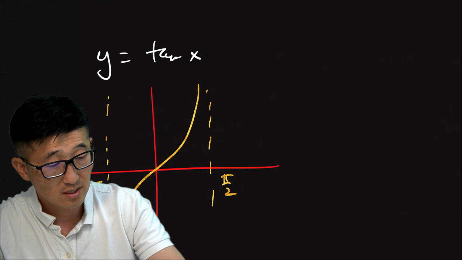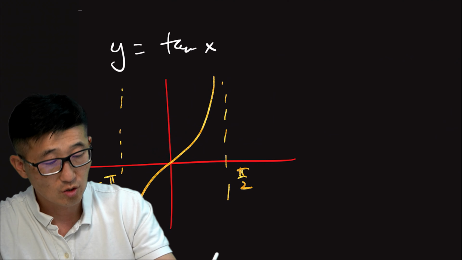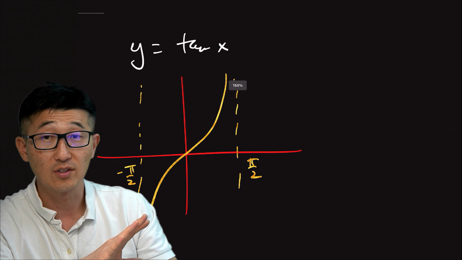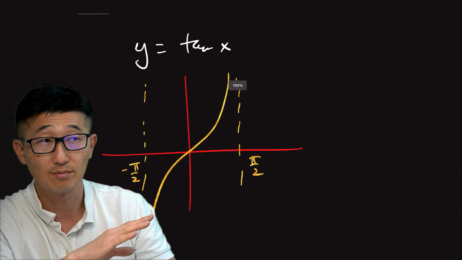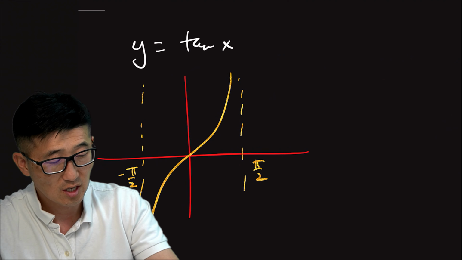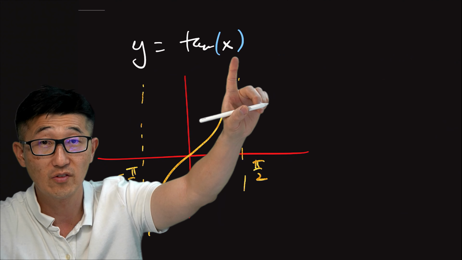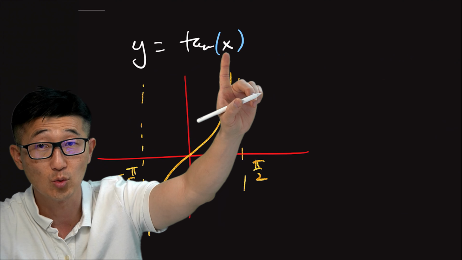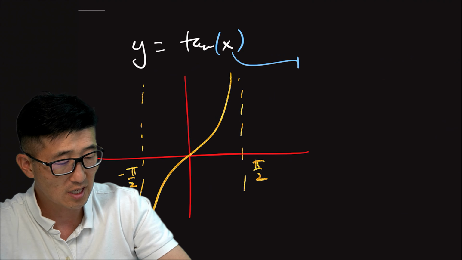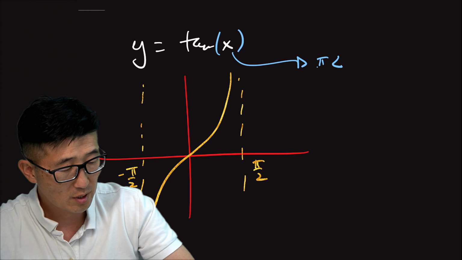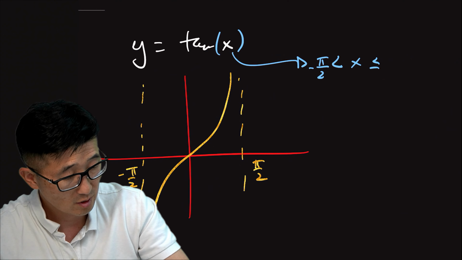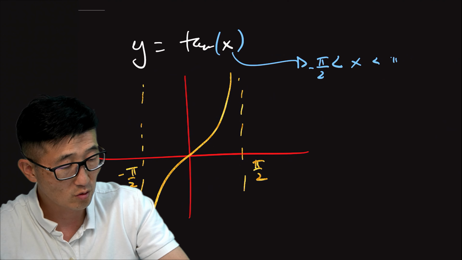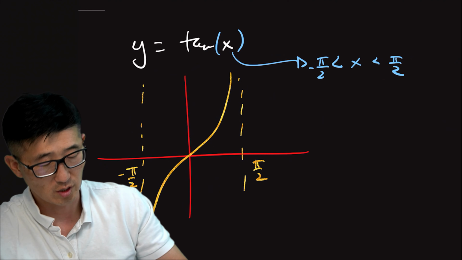Graphing this is quite different than graphing the other ones, and this method is like, you're going to just gloss over several steps actually. Whatever's inside the parentheses with x, you want to put that between negative pi over 2 and pi over 2. So let me give you an example here.